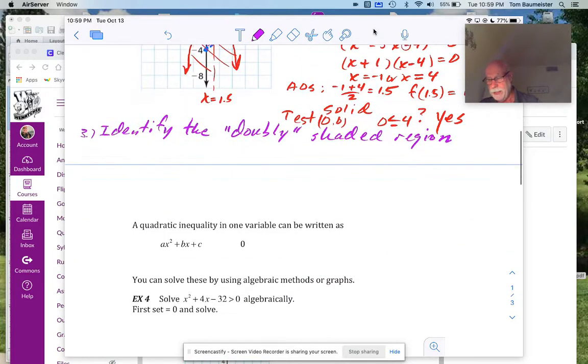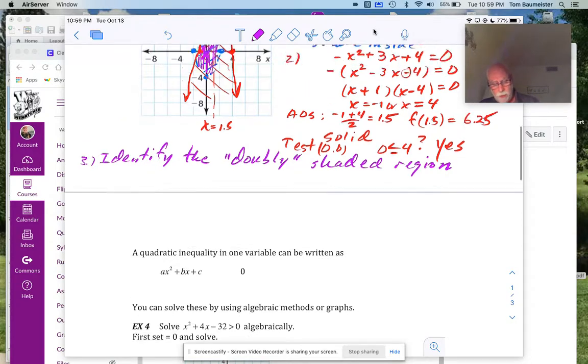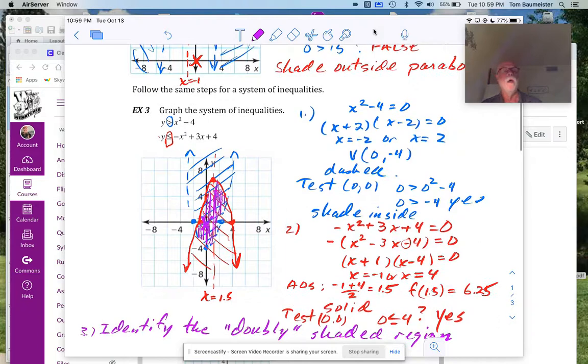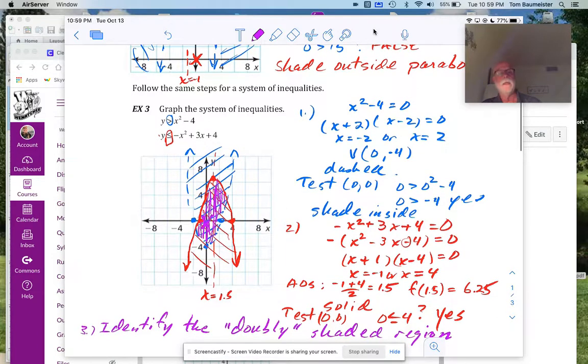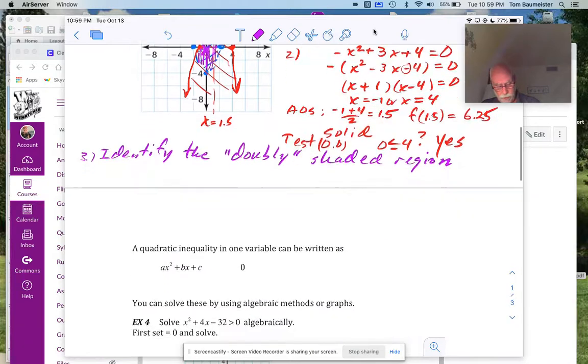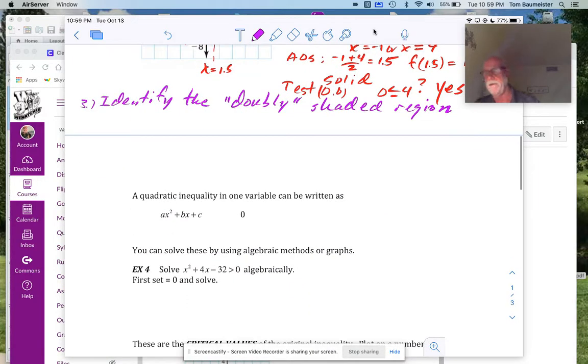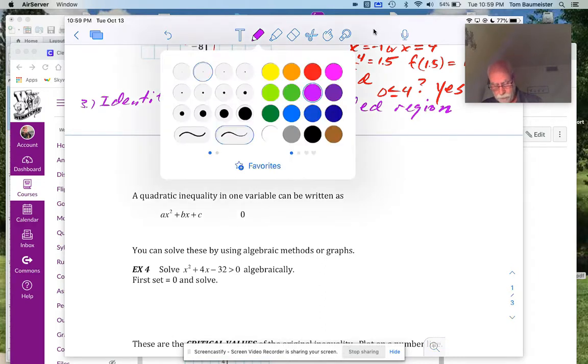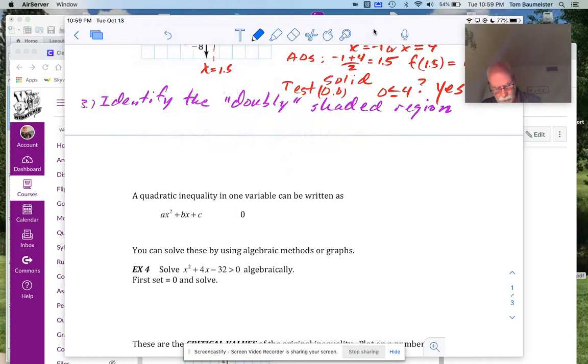And then finally, the last thing we're going to talk about today is a quadratic inequality in one variable. So remember, on this one here, we had y and we had x. So it had two variables. But they're saying if we have one that's in one variable, we can write it as, and again, instead of writing it down 4 times, I just went ahead and said you could write it as ax squared plus bx plus c.